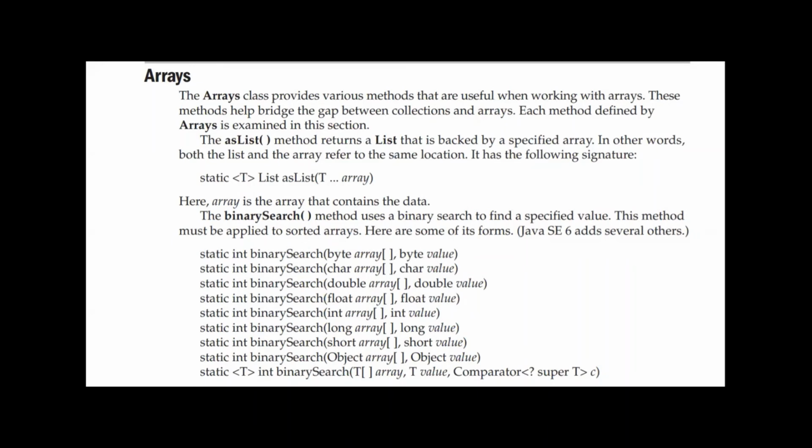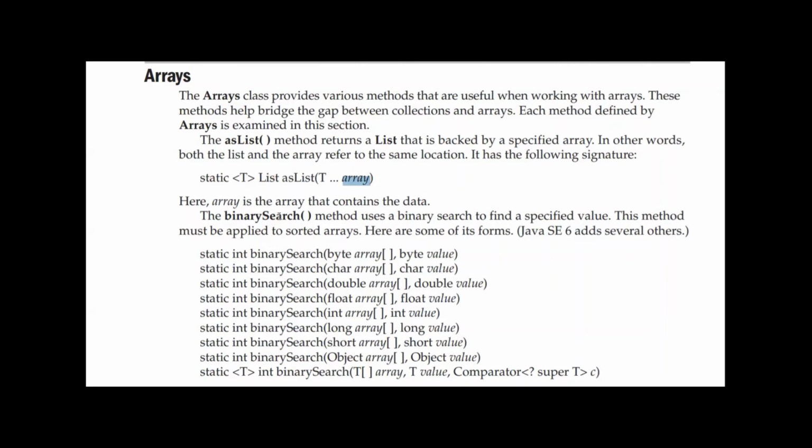The asList method returns a list that is backed by a specified array, which means an array is converted into a list. For the asList method, we'll pass an array and it will convert this into a list collection, where array is the variable that contains the data.